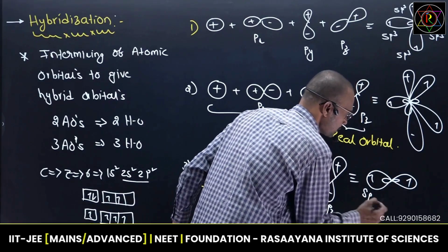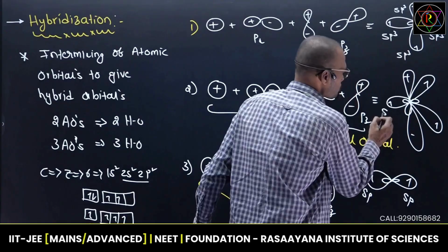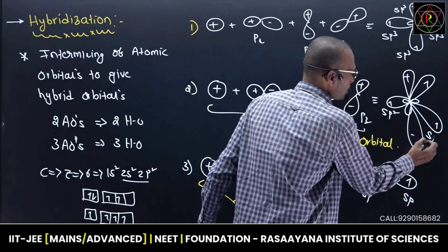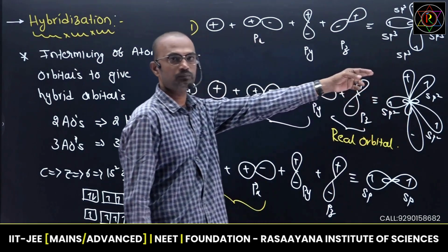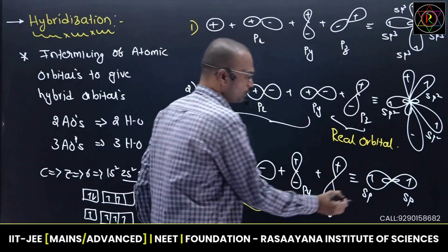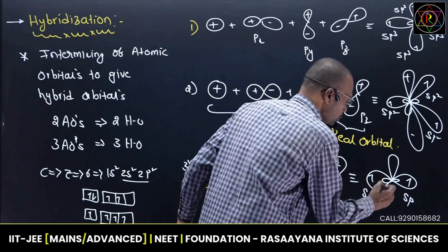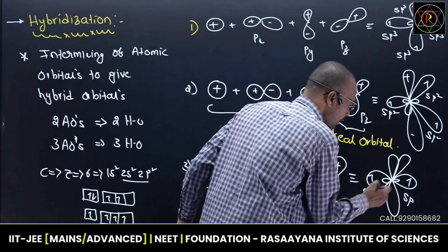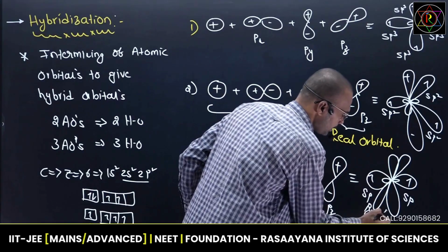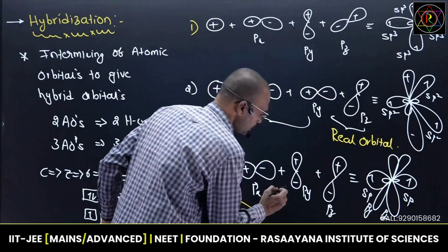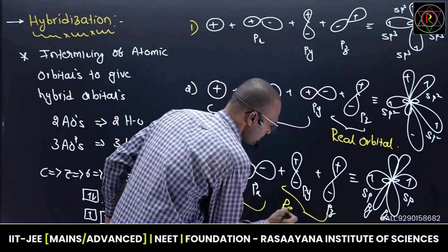So this is sp, and here also sp. Three intermixing atomic orbitals give three hybrid orbitals, sp2, sp2, sp2. Now on this sp carbon, two atomic orbitals are not involved in hybridization, that would be py and pz. Now I can say these orbitals are nothing but real orbitals.